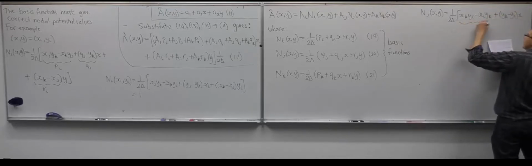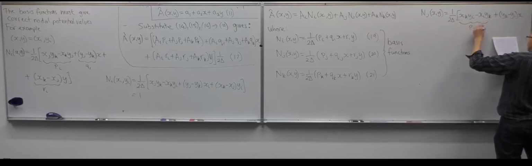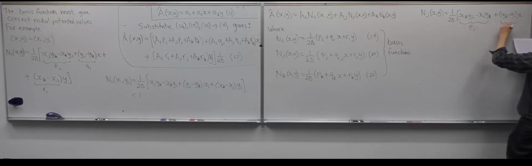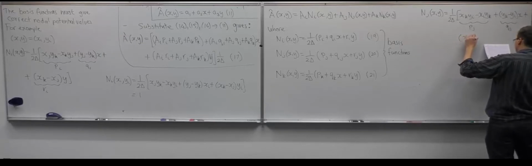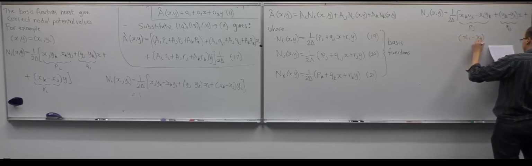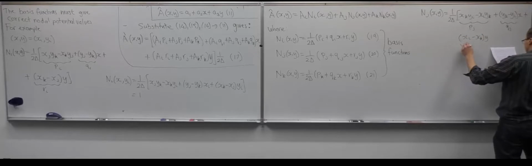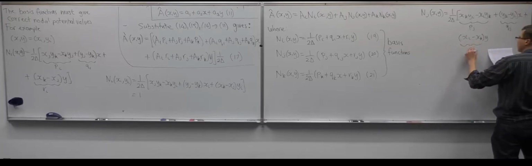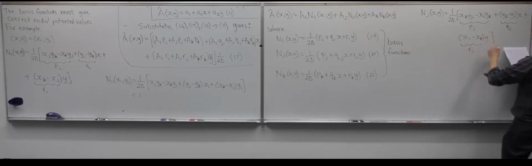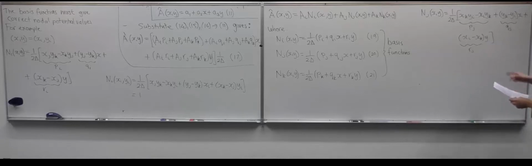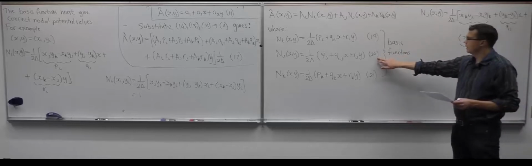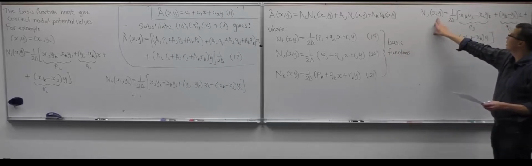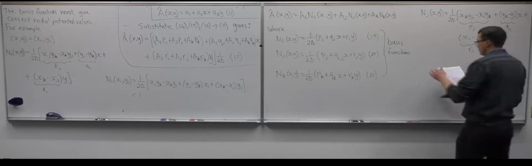So this here is pj, this here is qj, plus (xi minus xk) y, and this last term here is rj. Okay, so now let's substitute. This is the basis function when I expanded it out. Now let's substitute xi and yi in and see what we get.